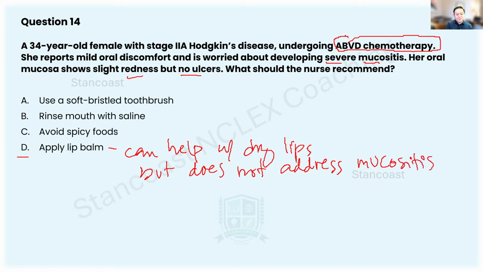When we're talking about mucositis, we're actually talking about the entire mouth, the oral cavity of our patient, which is very sore, okay? The lip balm would just address the dryness of the lips, but not the mouth, okay?